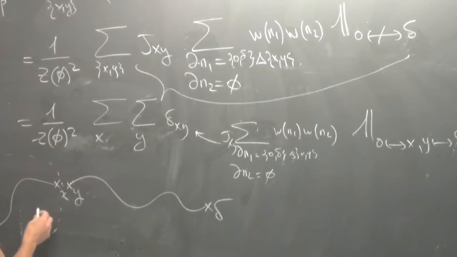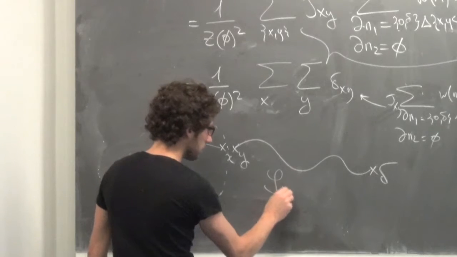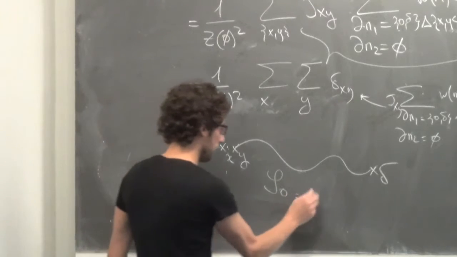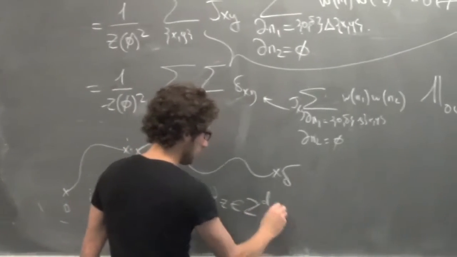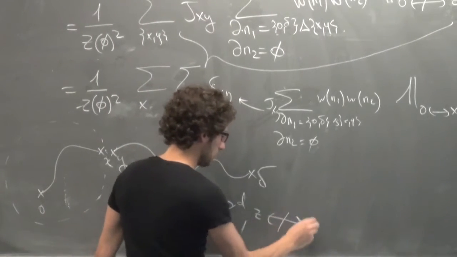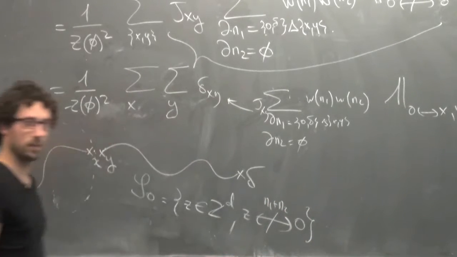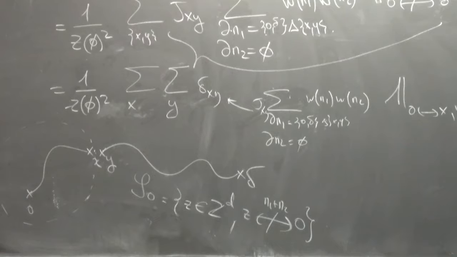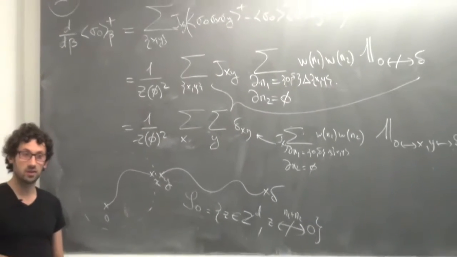And for that, we are going to condition on the set S0, which is a set of vertices Z such that Z is not connected to 0 in N1 plus N2. Okay? So this was exactly the set we were conditioning on in the case of percolation.